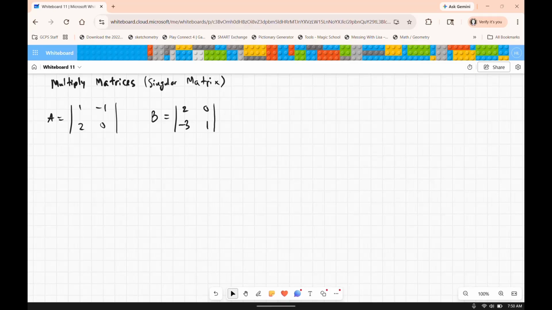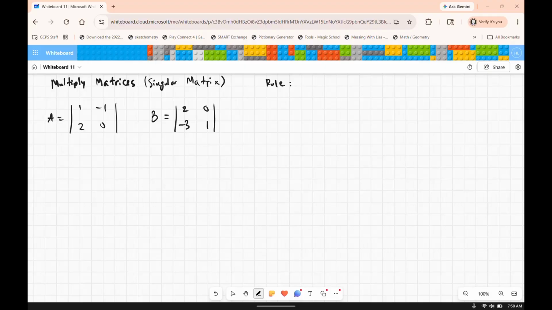In order to multiply matrices, the column size of the first matrix needs to be the same as the row size of the second matrix. So this is the rule I'm talking about.